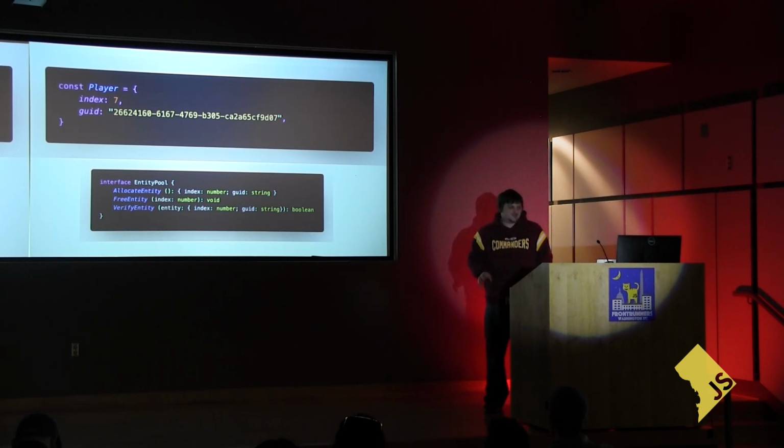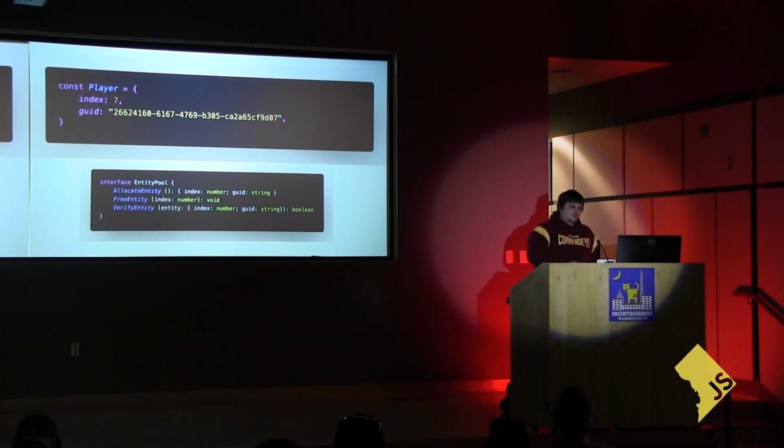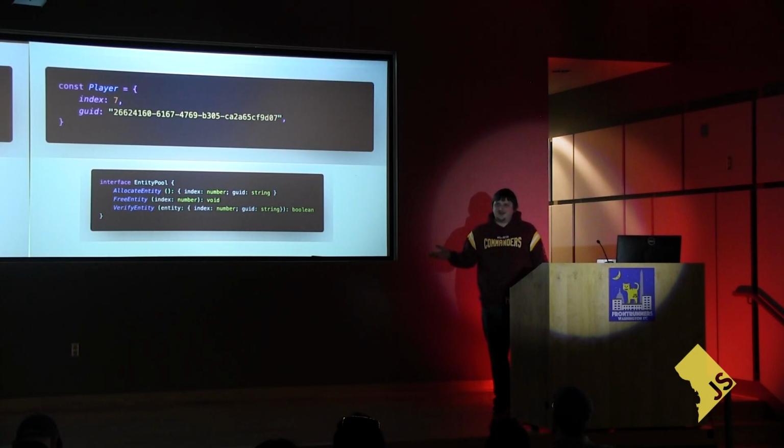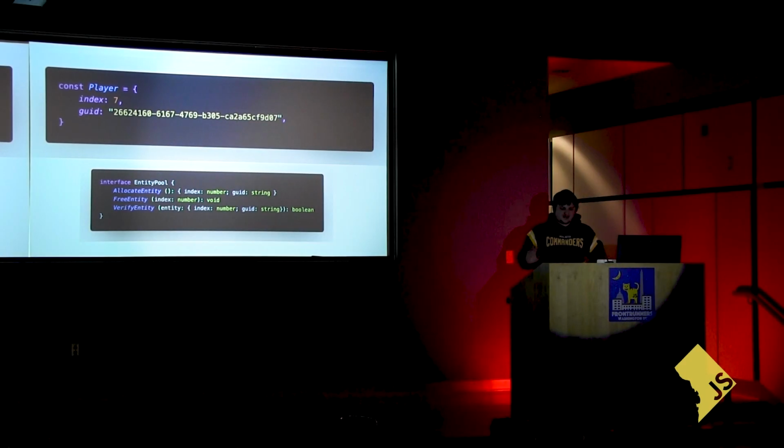The GUID is always new. So if you're referring to entity 7 with GUID 2662, and you see another entity, ID 7, with some other GUID, you know, drop that, stop following this. They're gone. The entity that I thought was there is no longer there.